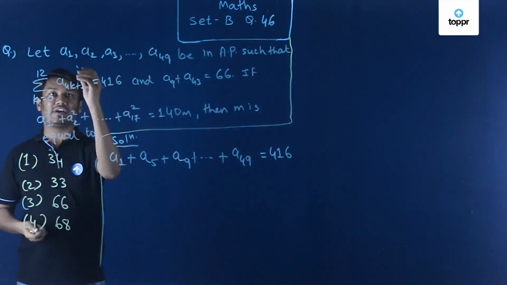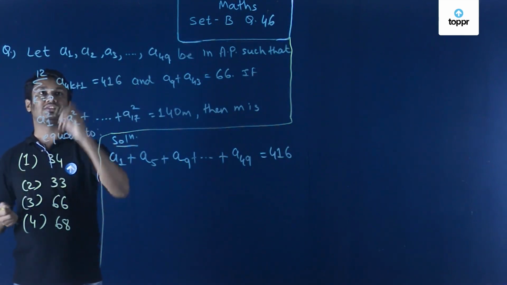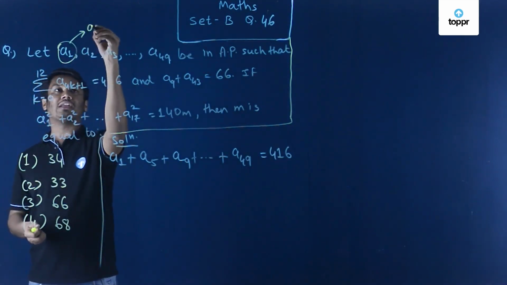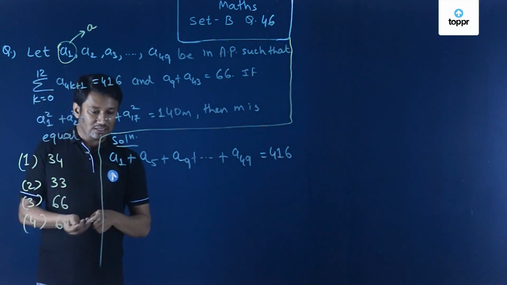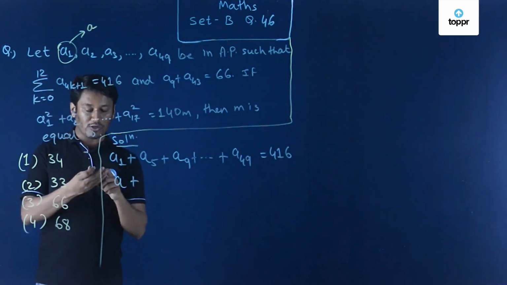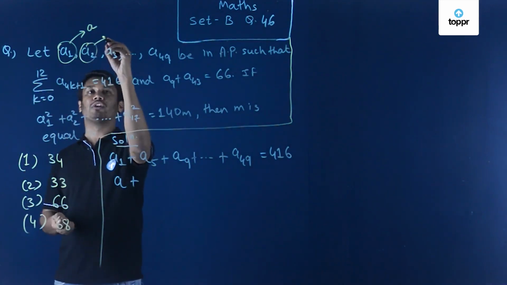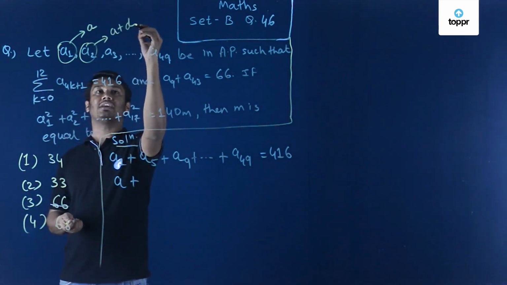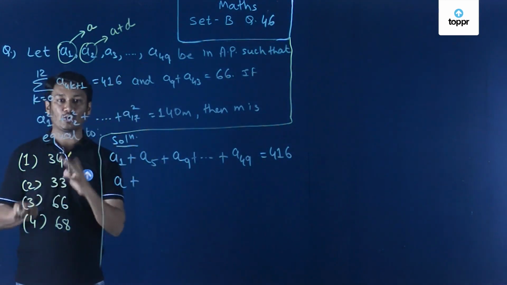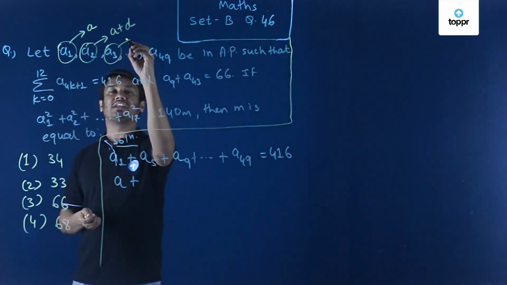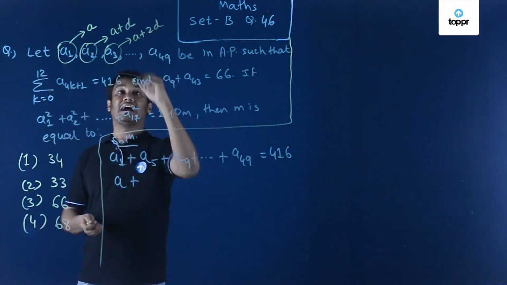Now we know that the very first term in the arithmetic progression is A1. Let me call A1 as A. If A1 is A, then what will be the remaining terms? A2 will be A plus D, where D is the common difference between A2 and A1. Similarly, A3 will be A plus 2D, and so on.